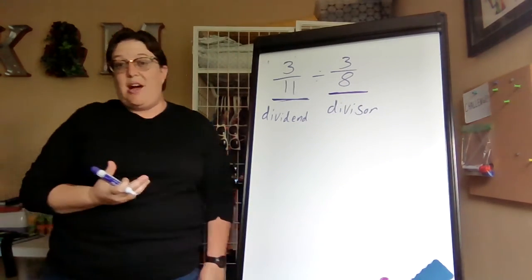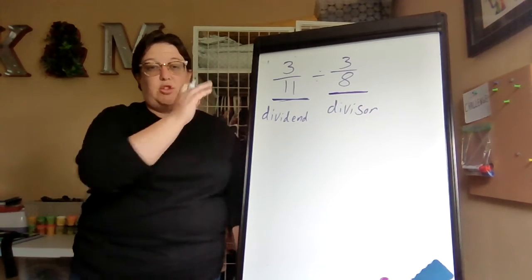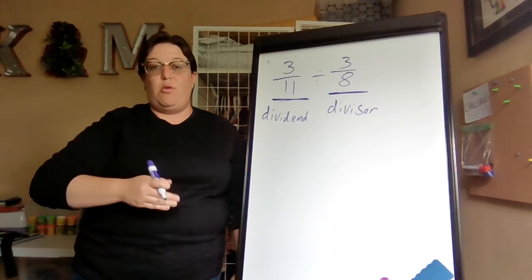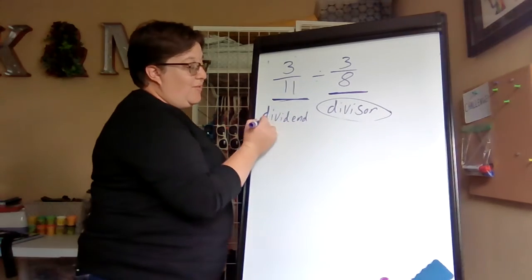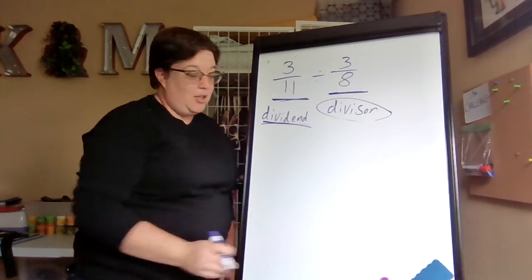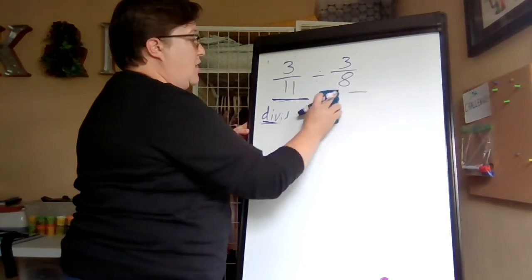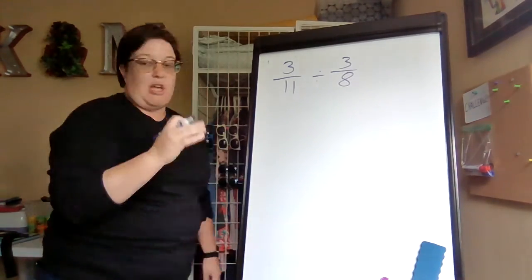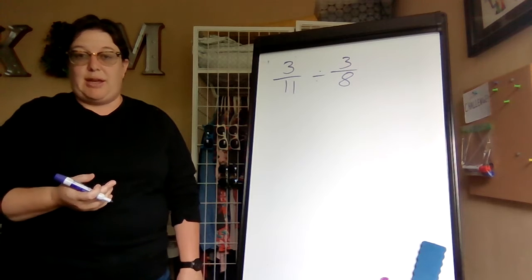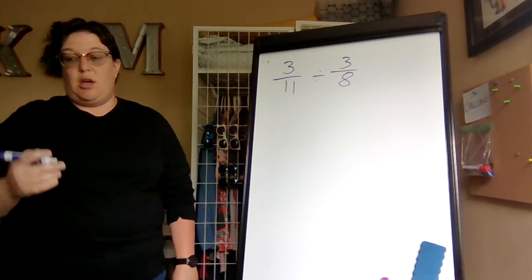So when we're doing the algorithm, when you flip it over to multiplying, you are only changing and getting the reciprocal of the divisor. You are leaving the dividend as is. You don't change that one at all. Okay, so step one is to set up the problem where you are multiplying by the reciprocal of the divisor.